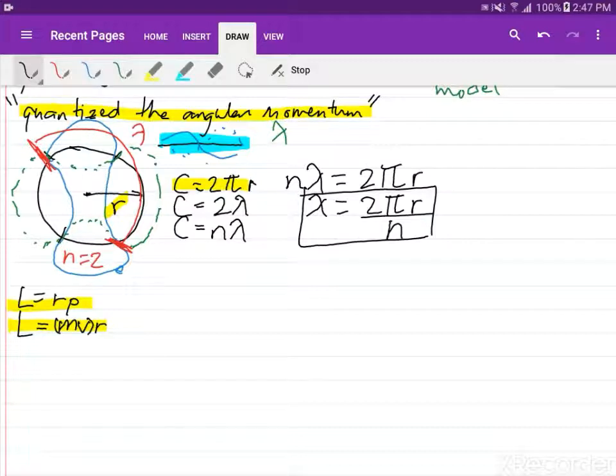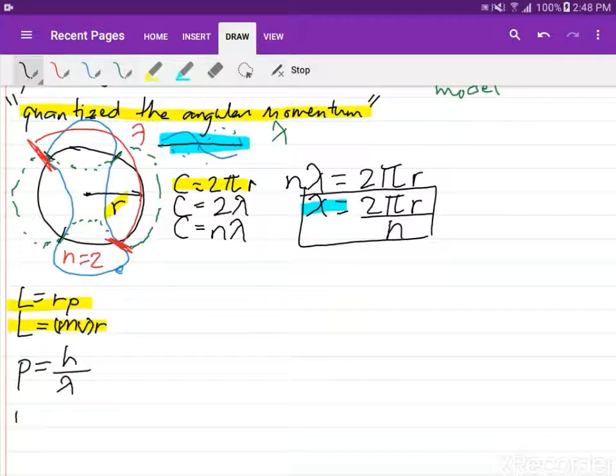Now from de Broglie's argument, the momentum of any matter should have a wavelength given by this relation, lambda equals h over p. So this is de Broglie's relation. Okay, so also we have defined our wavelength lambda to be 2 pi r over n.